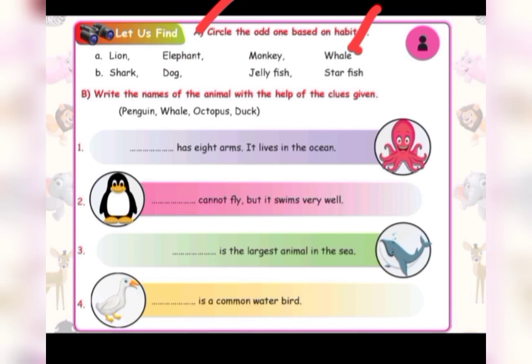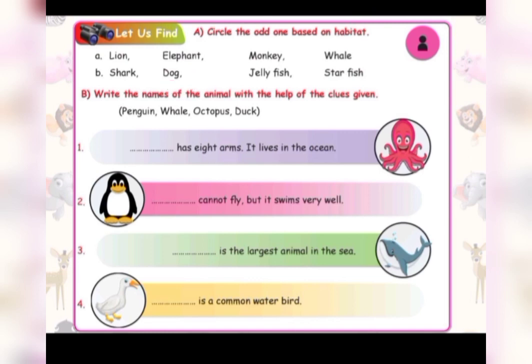And B, shark, dog, jellyfish and starfish. Except dog, shark, jellyfish and starfish can live in water, but dog lives on land. So here the answer is dog. First one answer whale, second one dog.